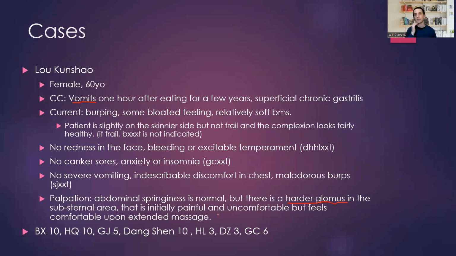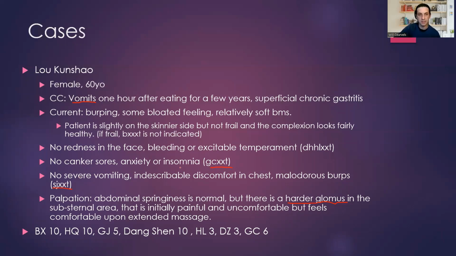So Lo Kun Sao's approach is, he says, okay, well, he's going to do sort of a process of elimination, right? So, for instance, in terms of our big three Xiexin Tangs, Gancao Xiexin Tang, Shengjiang Xiexin Tang, and Banxia Xiexin Tang, there are ways to differentiate, and we'll see this again when we look at those two formulas.